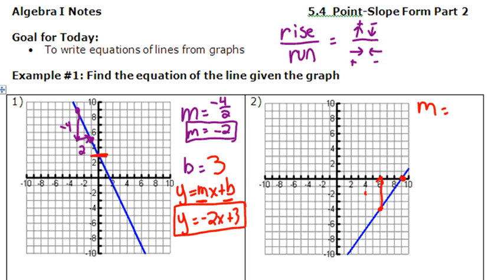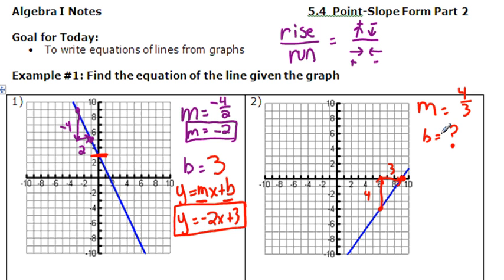So that's a +4. I'm going over 1, 2, 3. So that's a +3. So my slope is 4 over 3. Now I look for a y-intercept. The problem is I can't tell where it crosses the y-axis. So my y-intercept is unknown.